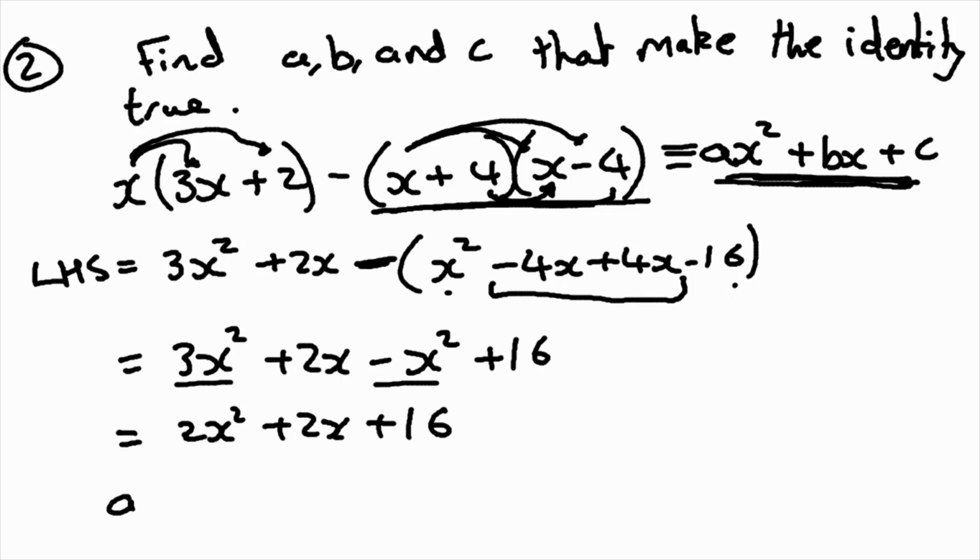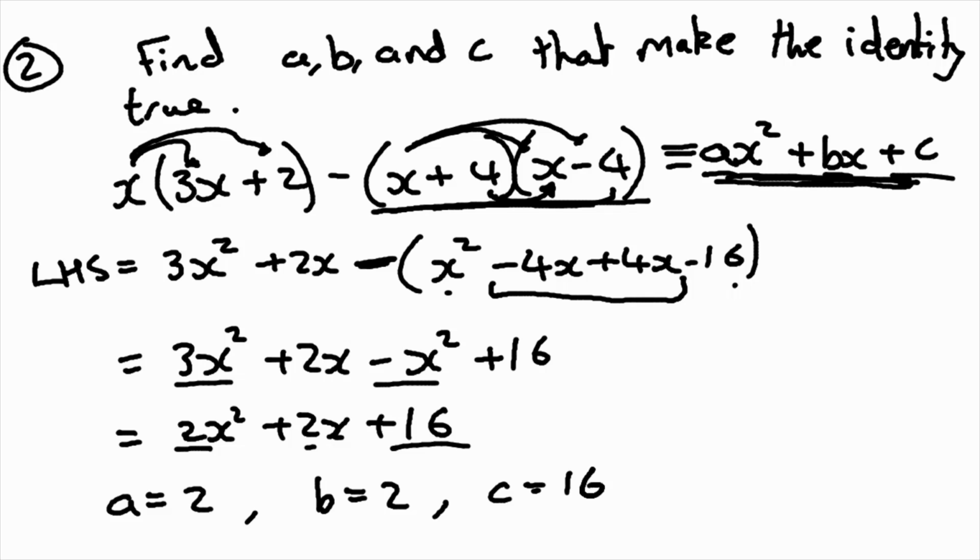So our A, if we equate these, has to be 2. Our B also has to be 2. And our C is going to be 16. So those are the values for which the identity is true.